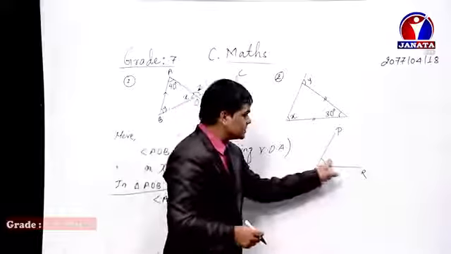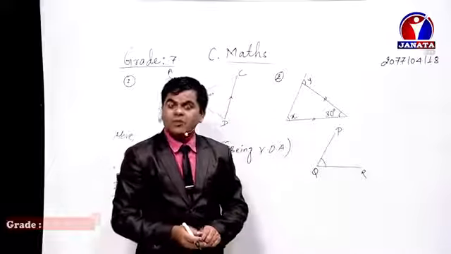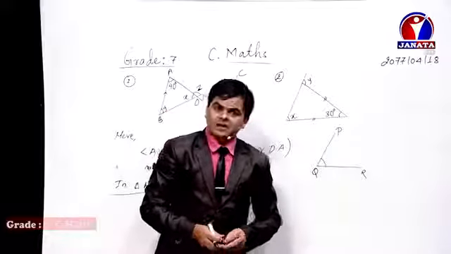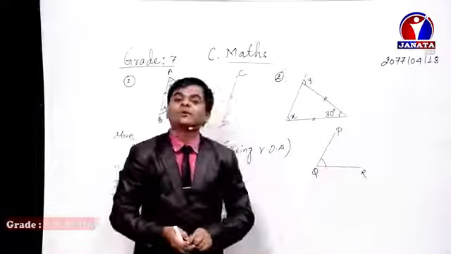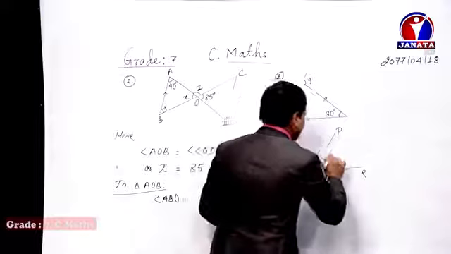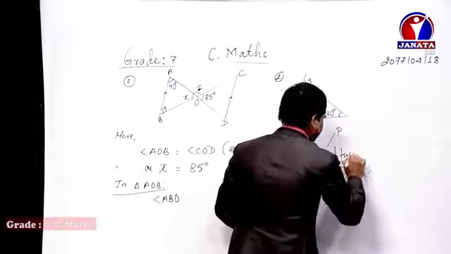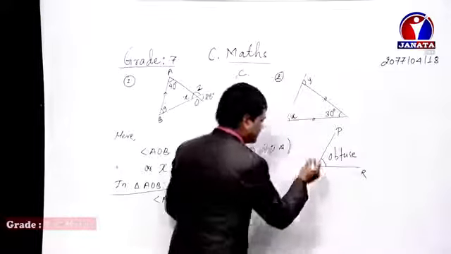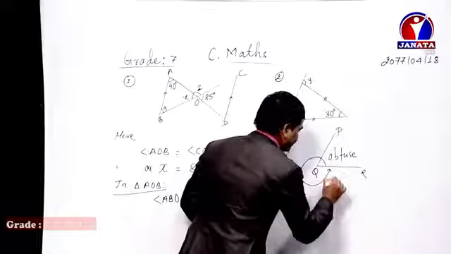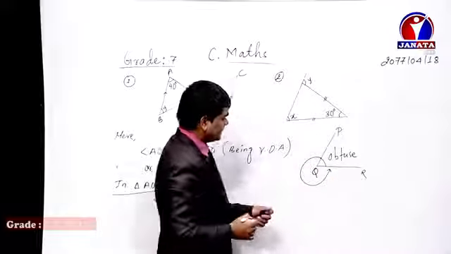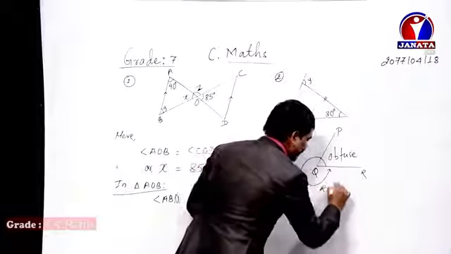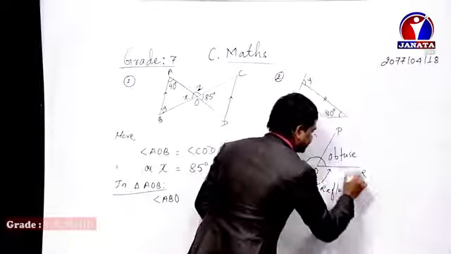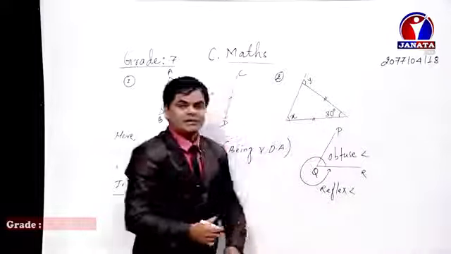One is the obtuse angle, the smaller one among the total angles at a point. The smaller part is known as the obtuse angle. To this side, if you want to indicate, this angle is known as the reflex angle, isn't it? This is the reflex angle and this one is the obtuse angle.